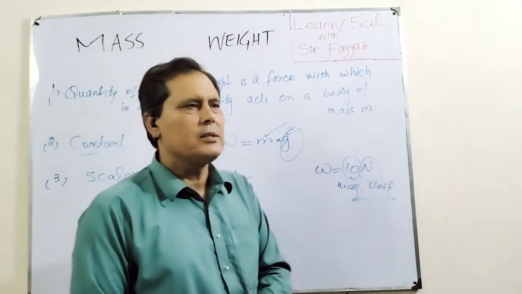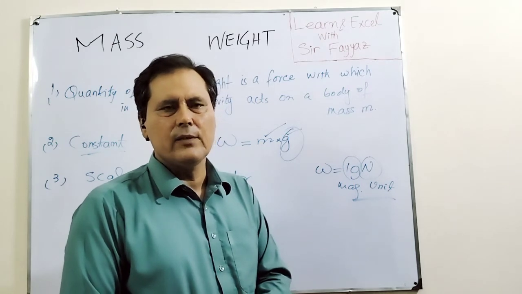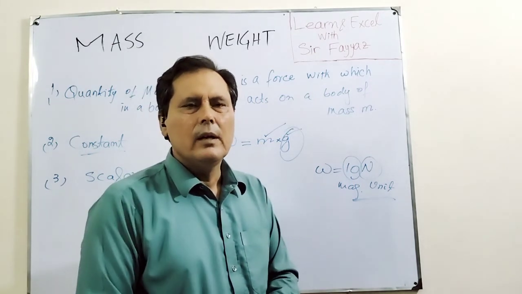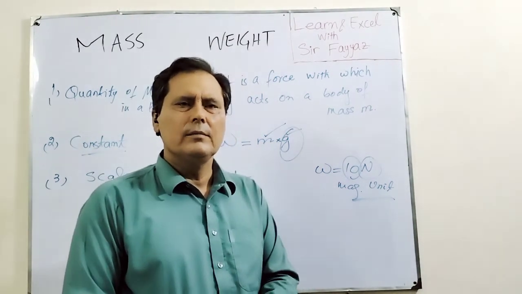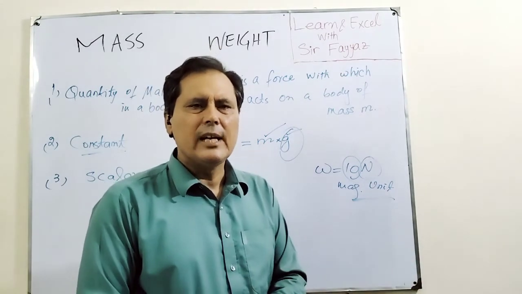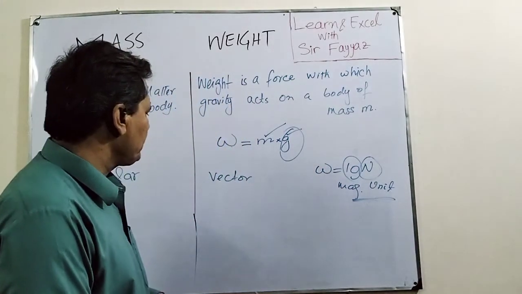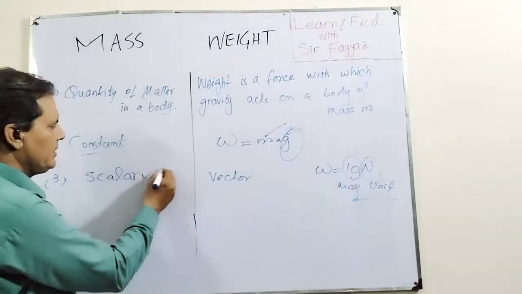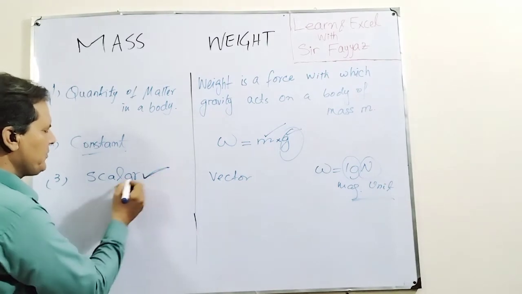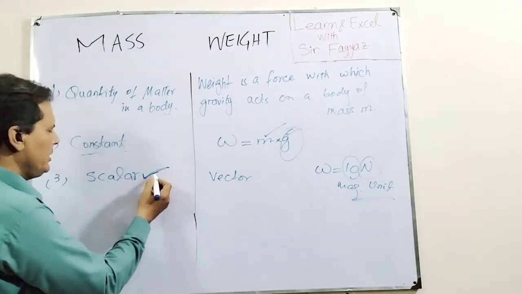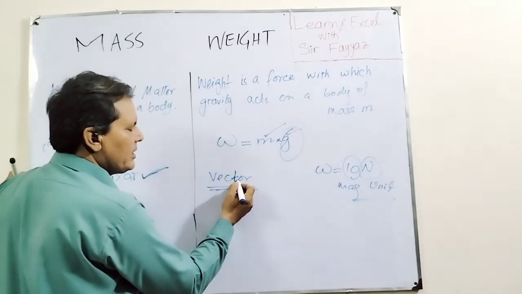Suppose a force of 10 Newton is acting on the right hand side of an object, let's say a table, and a force of 5 Newton is acting on the other side, so the net force will be 5 Newton, 10 minus 5. So we conclude that mass can be completely specified with the magnitude and unit, while weight is a vector quantity. You need to know its direction as well.